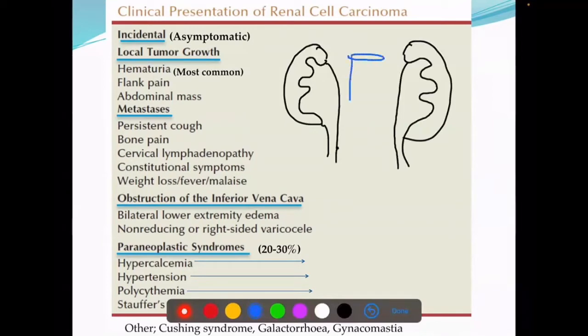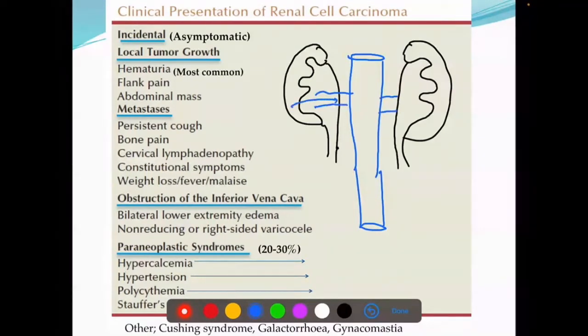We know we have aorta also, but here as I have to discuss inferior vena cava, I'm drawing just the inferior vena cava. See, the renal vein from both sides drains the blood from kidney.